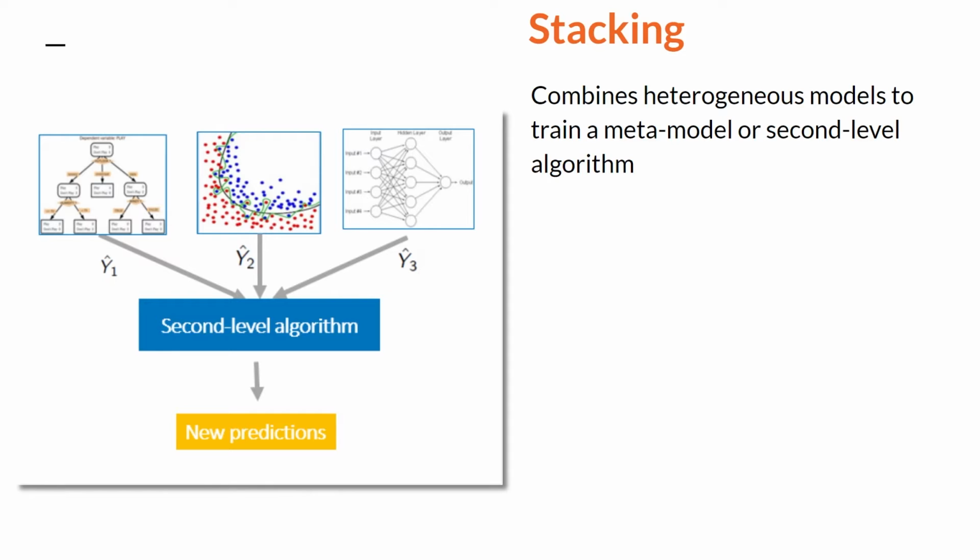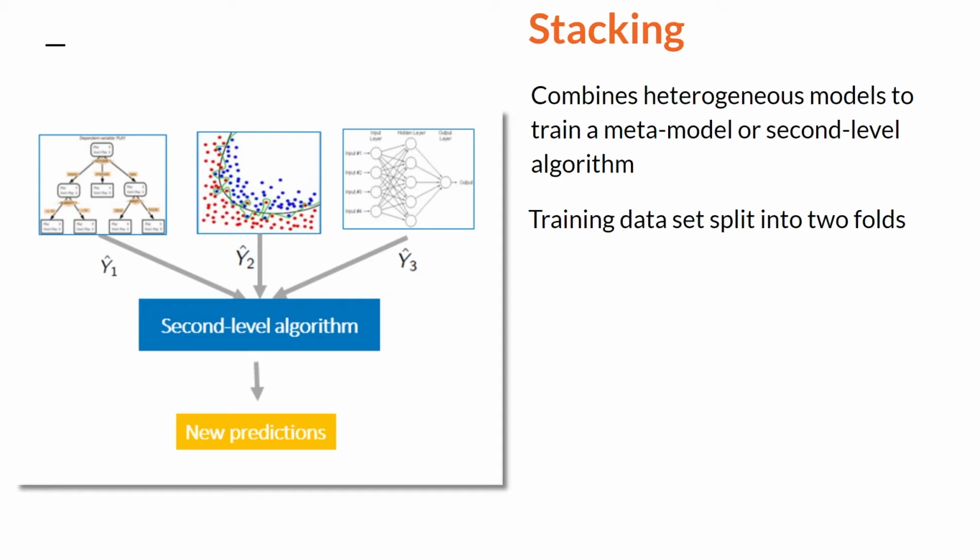Y hat 1 is a decision tree. Y hat 2 is a spline regression or a multivariate regression. And Y hat 3 is a neural network. These 3 weak learners have outputs which then act as inputs for that second level algorithm, which then performs its own calculations and comes up with a new prediction.